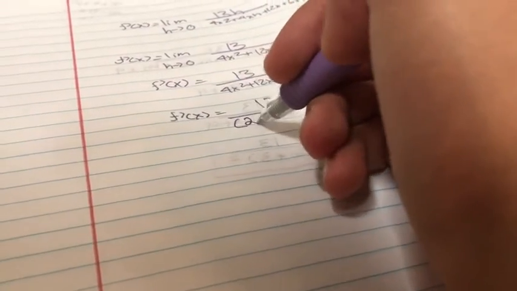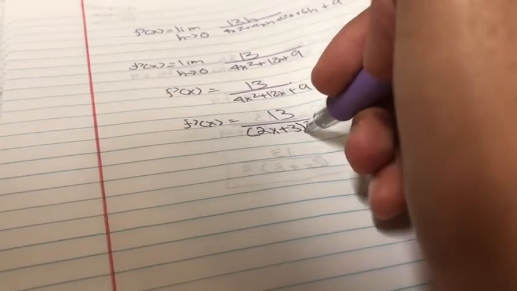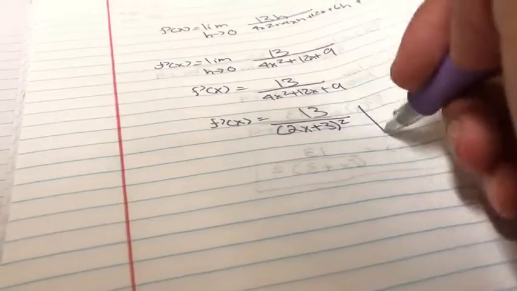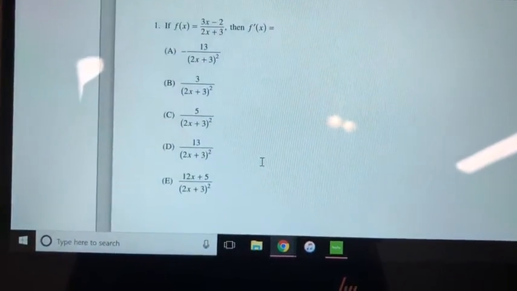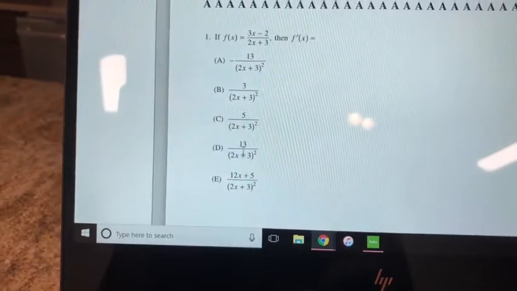So let's go ahead and simplify the denominator. So the derivative is going to be 13 over 2x plus 3 squared. And let's take a look at those answers. And it is answer D.